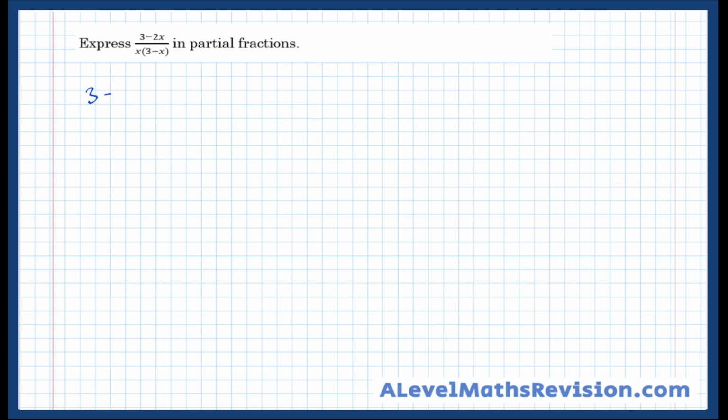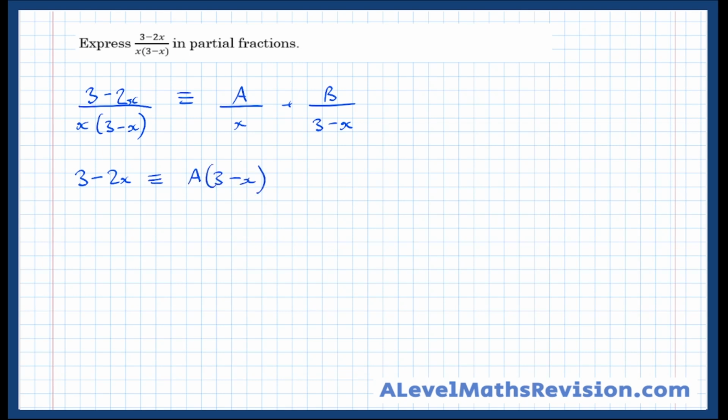So we've got the left hand side, 3 minus 2x over x times 3 minus x. And we want that identical to a number over x plus another number over 3 minus x. Multiplying both sides by the denominator of the left, we get 3 minus 2x is identical to A times 3 minus x plus Bx.